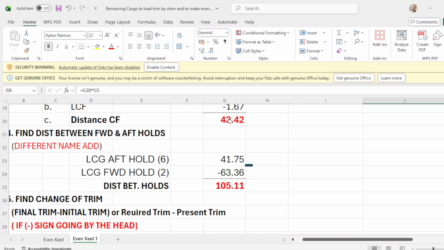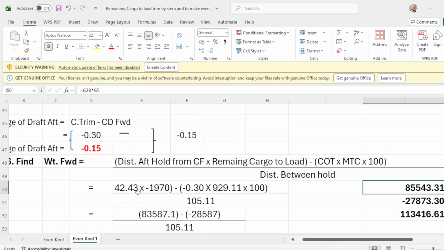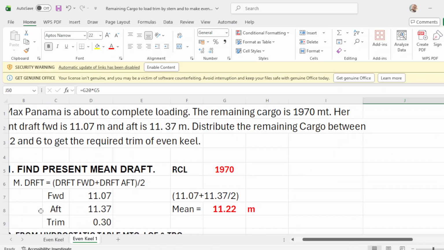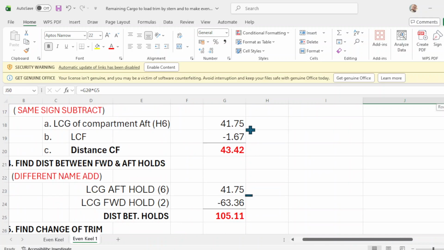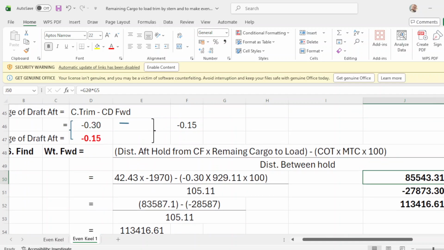This one 4342, 4342 times your remaining cargo of 1970, which is G5. This is G5, okay? Then you press enter, okay?